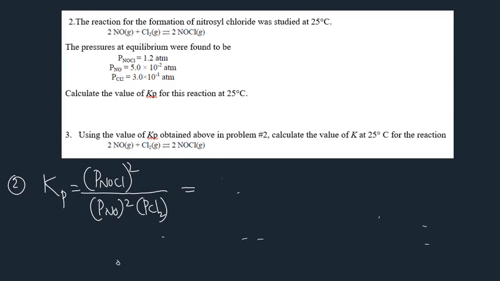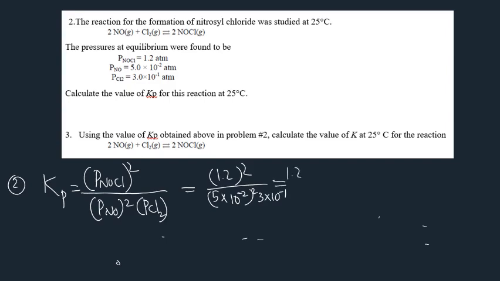For NOCl it is 1.2, which we raise to the power 2, divided by, for NO, 5 times 10 to the power negative 2, to the power 2, and we multiply that with Cl2, which is 3 times 10 to the power negative 1. There is no coefficient for that, so I can leave it like that.